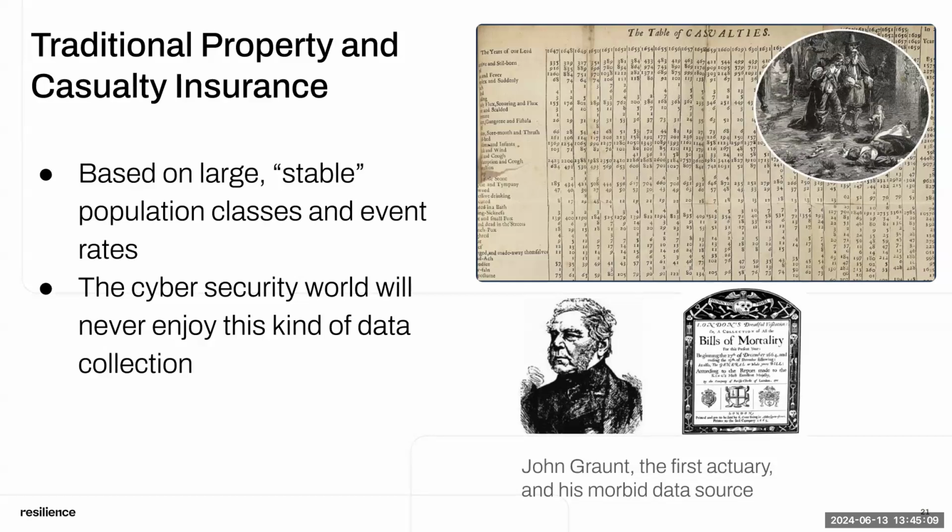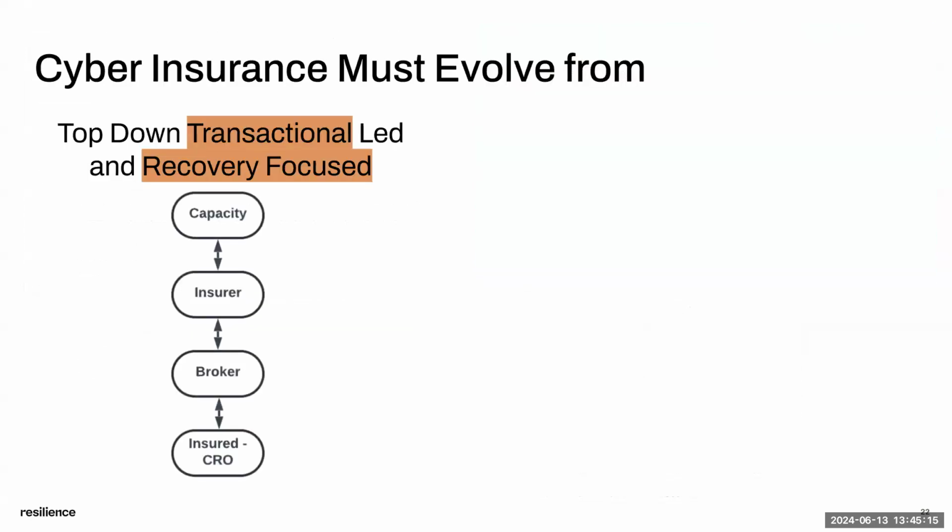So what we will need is, I think, a different kind of system. We'll have to think about the world in a different kind of way. So if we think about how our traditional insurance system is generally operated, it is a sort of a top-down, hierarchical, transactionally led and recovery-focused system.